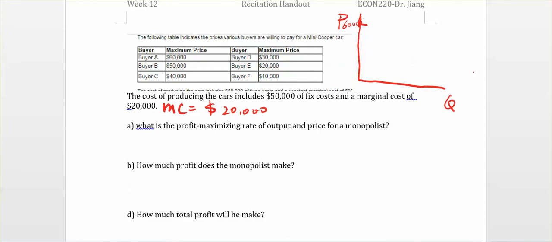Which means when the market price is $60,000, the quantity demanded on the market is one, just buyer A. However, if the market price is $50,000, we can find that both buyer A and B can afford it, so the market demand is 2.